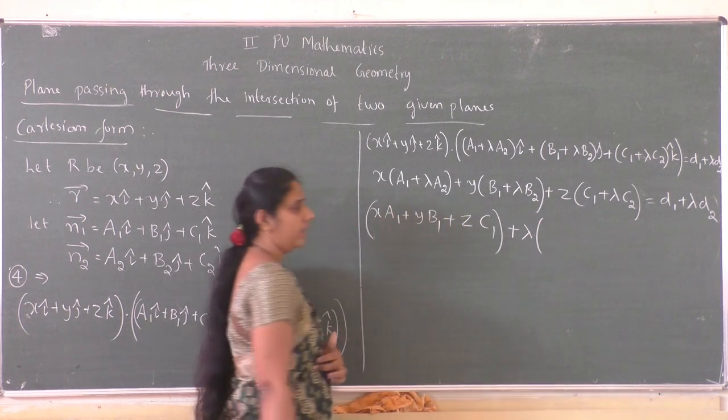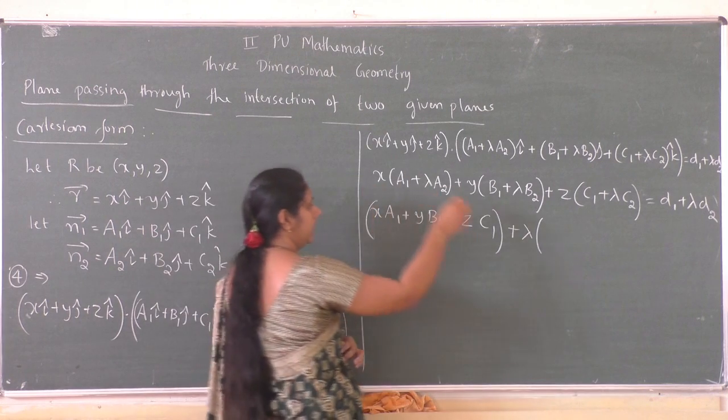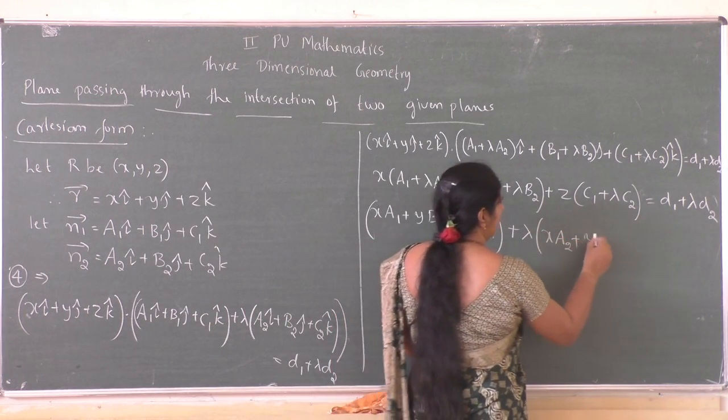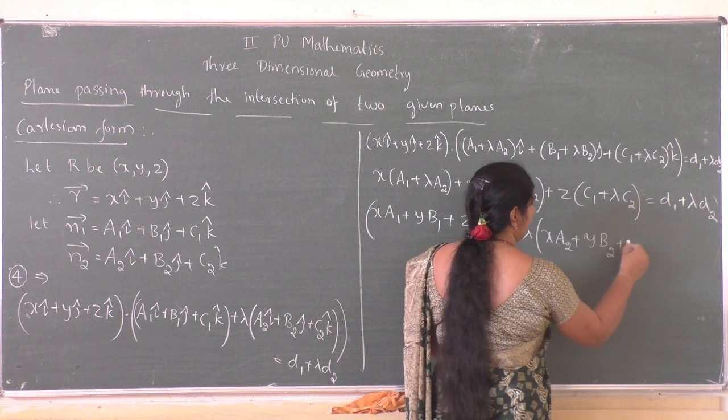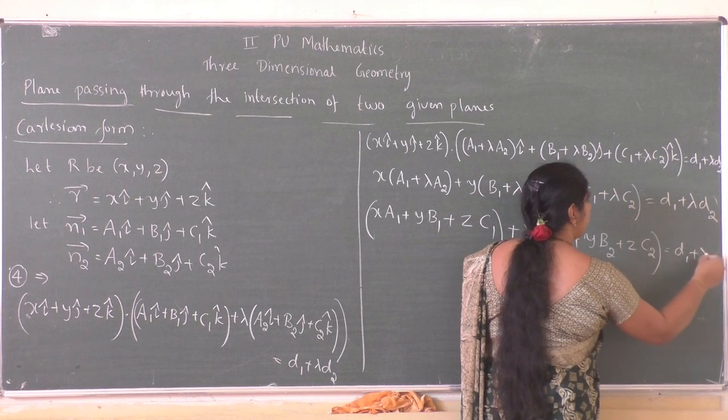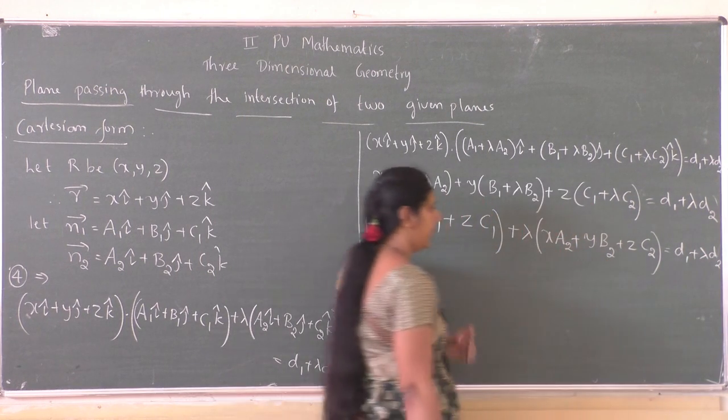If I take lambda outside, what are the remaining terms? x into a2 plus y into b2 plus z into c2, which is equal to d1 plus lambda times d2.